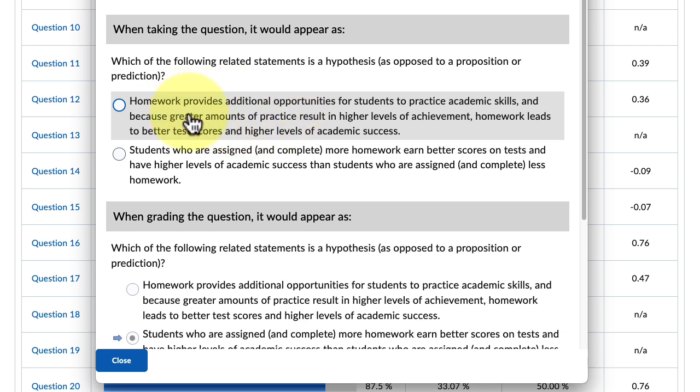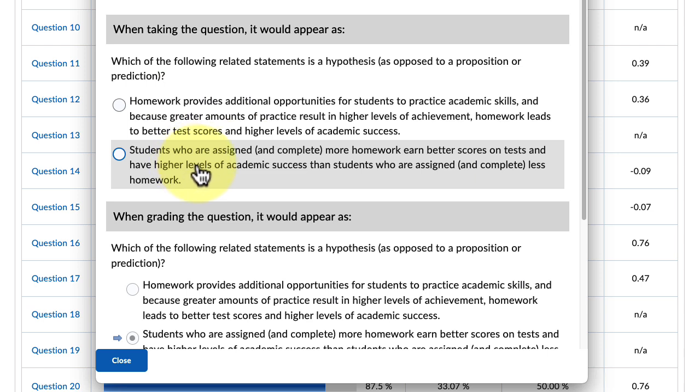Let's take a look at the other option. Students who are assigned and complete more homework, that sounds like an independent variable. They earn better scores on tests and have higher levels of academic success than students who are assigned and complete less homework.